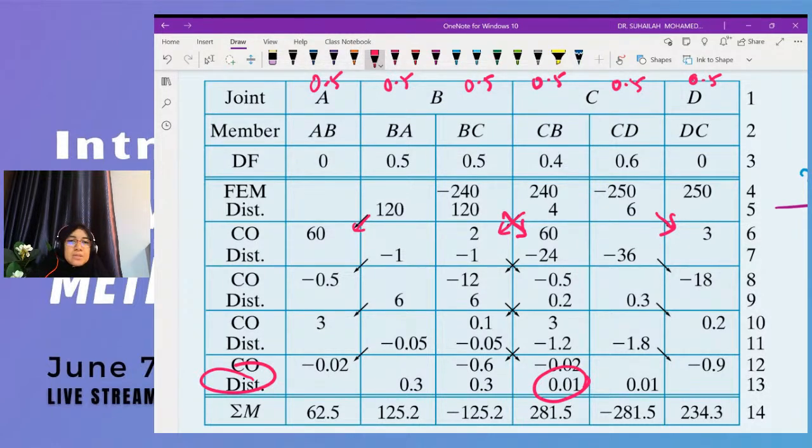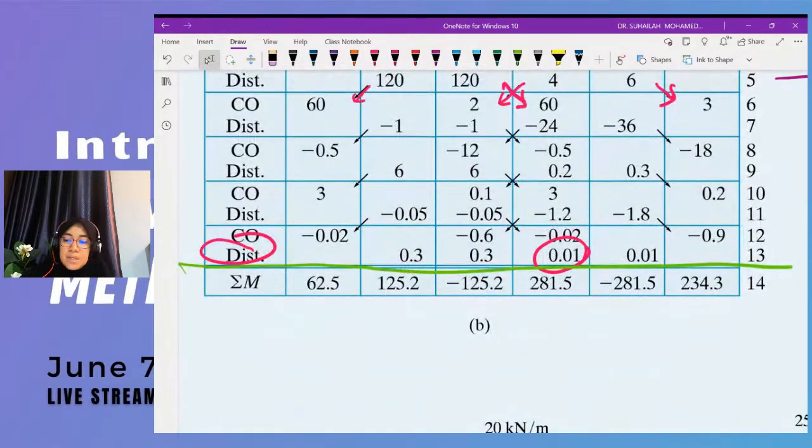So we stop at distribution, and after that we total all the moment, starting from the first moment in the table, which is FEM. Then all this is the member and the internal moment.